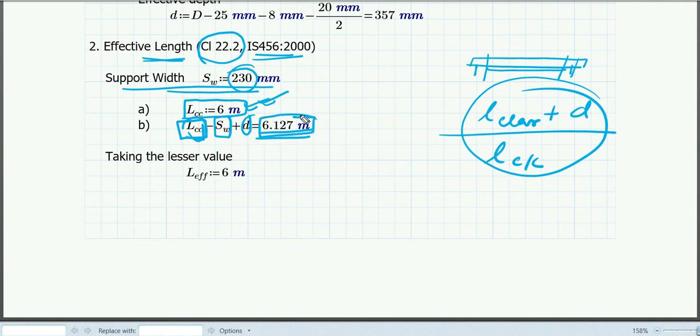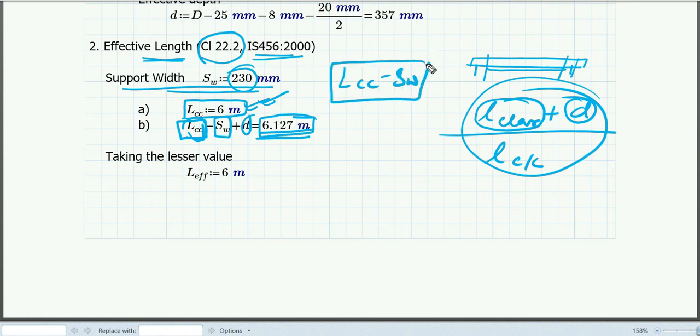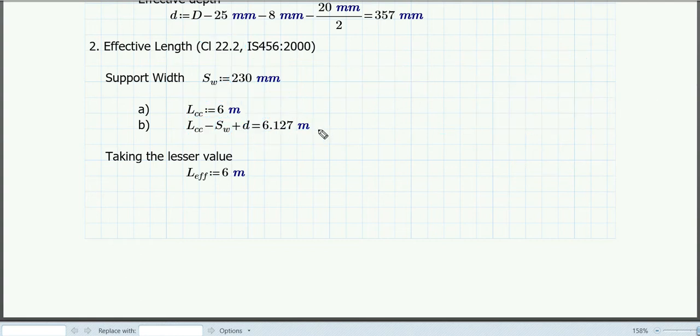This is L clear span plus the effective depth. This LCC minus SW is nothing but the clear span, right? This is the center to center distance minus the support width. You will get the clear span of the beam. So lesser of the two, that is the effective length, we will take as 6 meter.